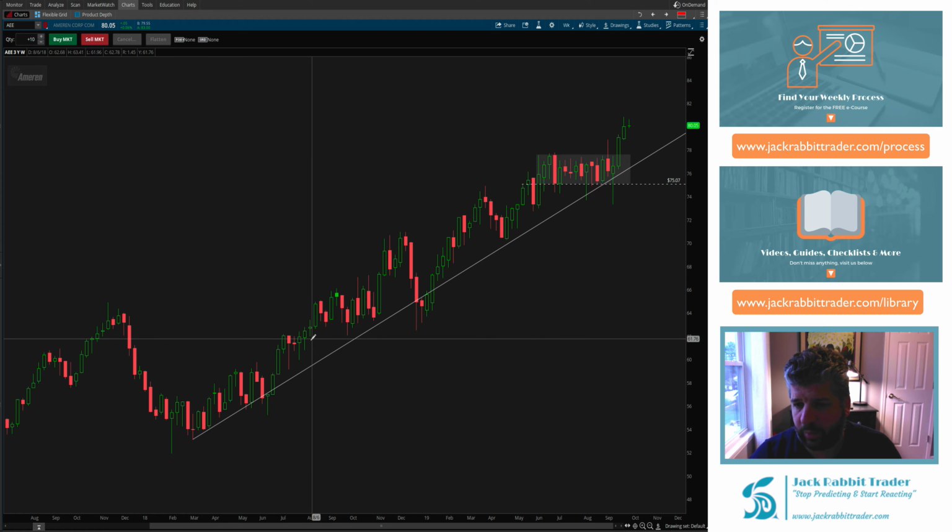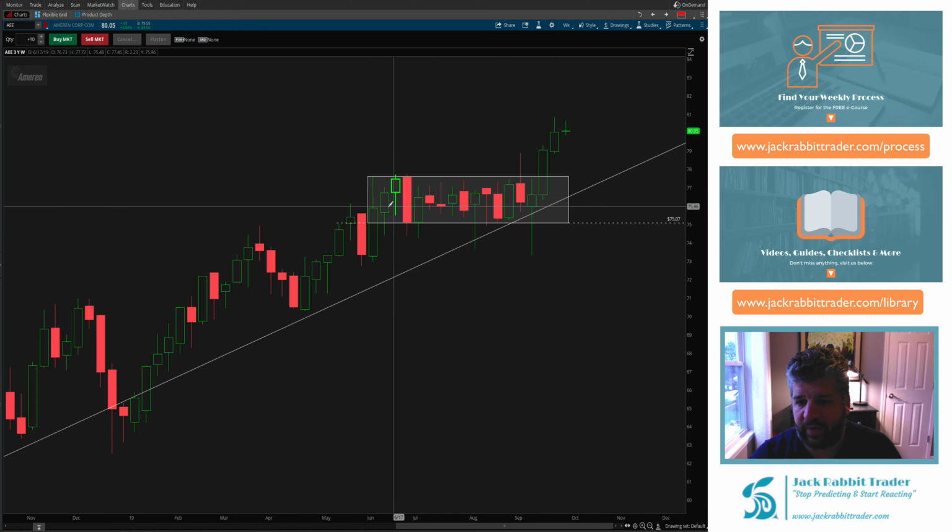But this is exactly what we're looking for: an uptrend in place, and then a very, very tight consolidation where the stock is just bouncing between resistance, in this case 77.58, and support at 75. It's tightening, very tight consolidation.